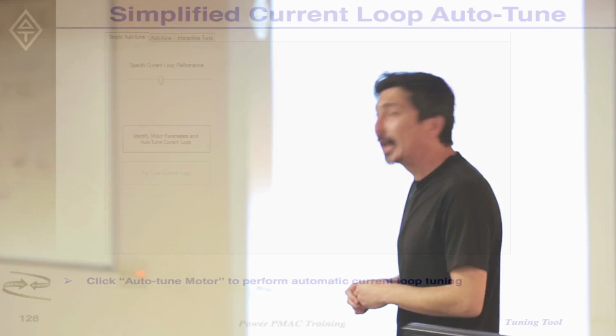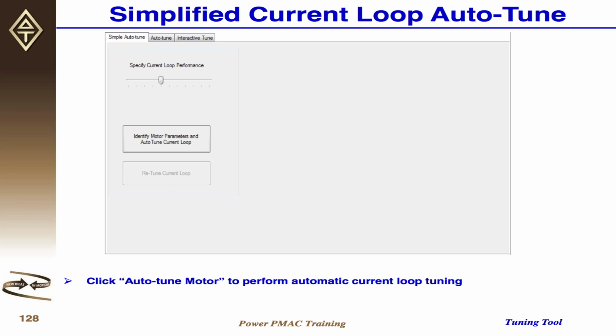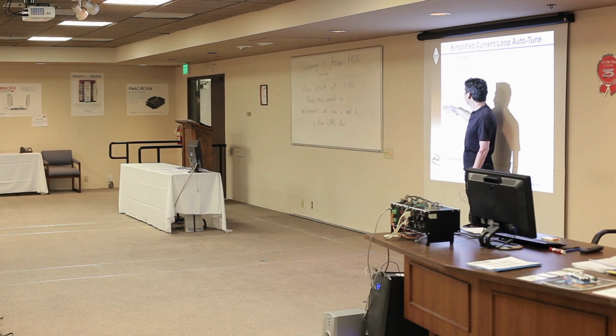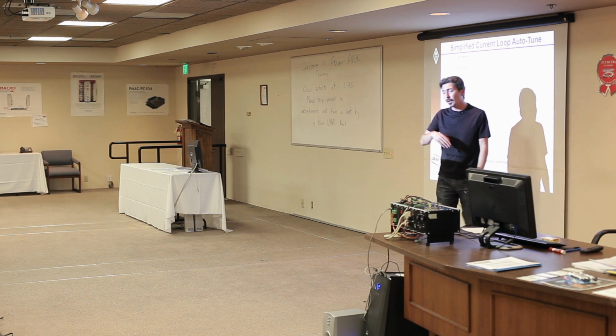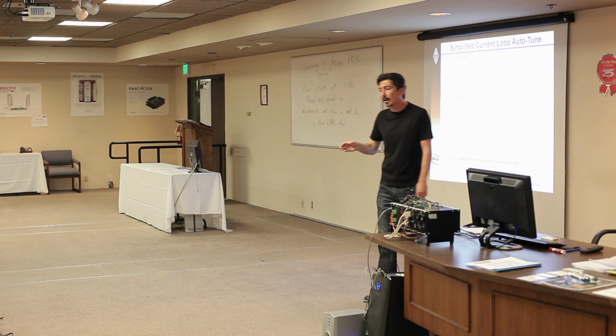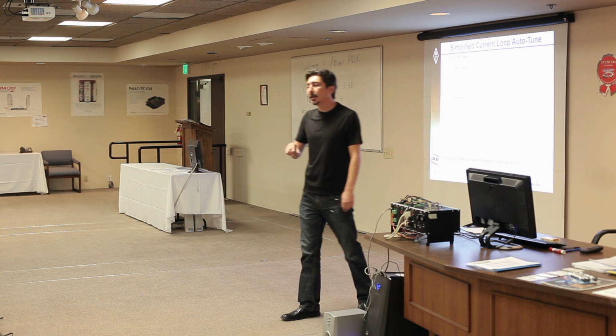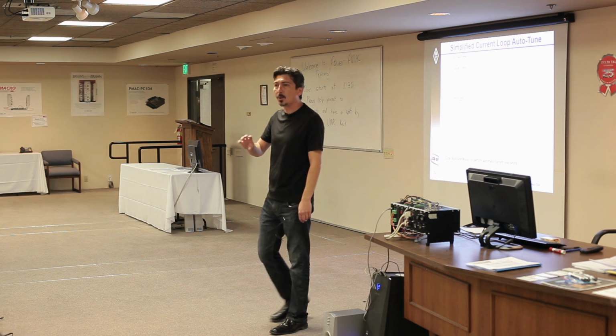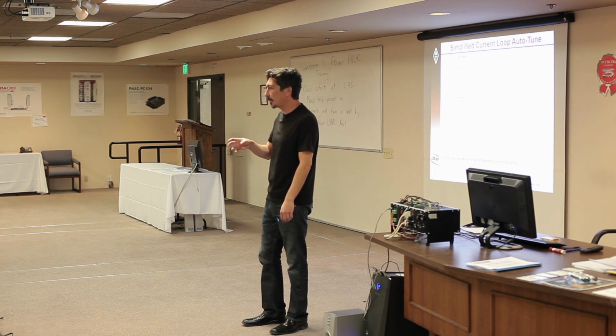And same thing for current loop tuning. Same idea. Actually, this one is much simpler. There's only one dial. So you just select the performance. Just start iteration. So it's going to do, again, an iterative style identification algorithm on the current loop properties. Okay?